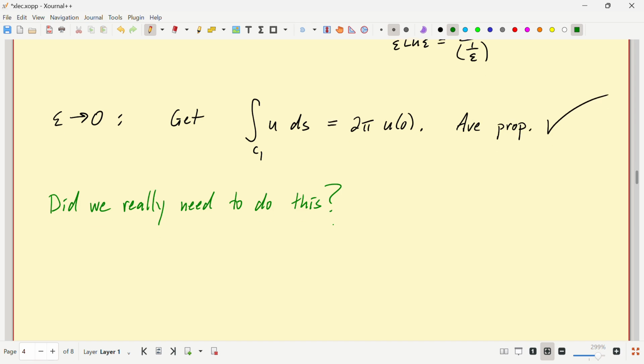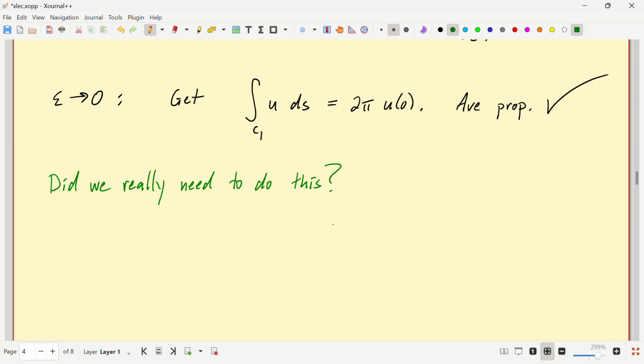So what did I show? I showed the Poisson integral formula solved the Dirichlet problem.